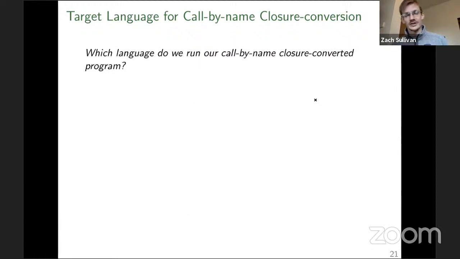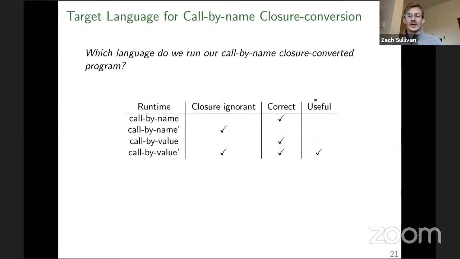So returning to the question of how do we run our call by name closure converted program, we have this table here. So our source language, call by name, was, I used the phrase closure ignorant to mean we don't need closures in our runtime. We do need closures in our call by name runtime.